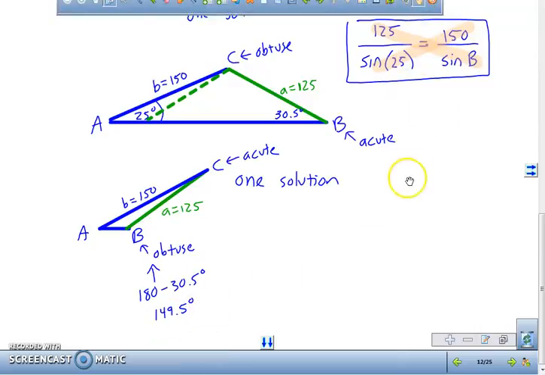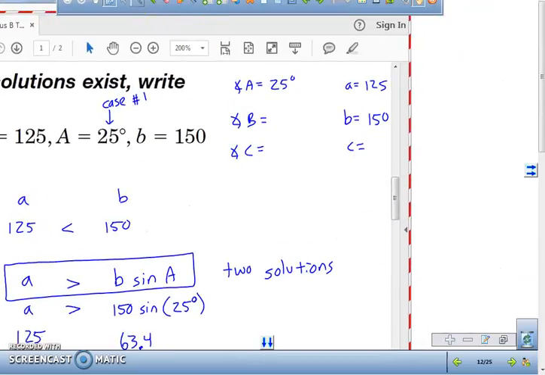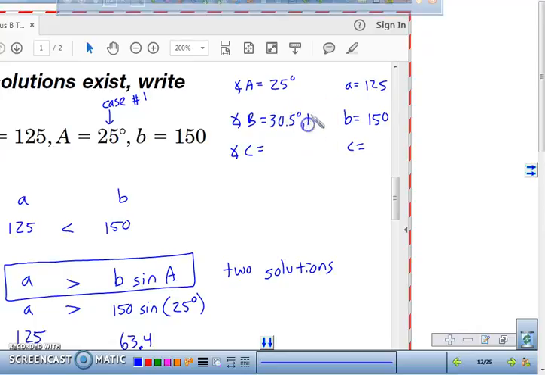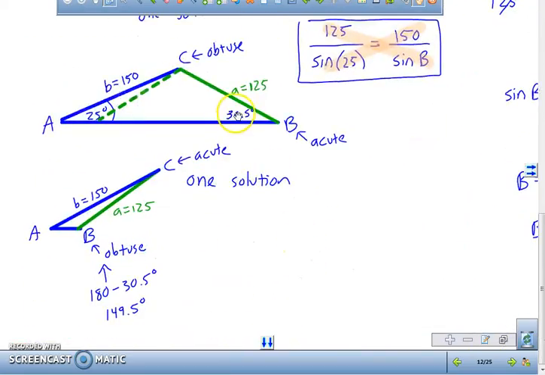So right up here where it says solutions, what is one of the possible measures for angle B? 30.5 degrees. What's the other possible? 149.5. So angle B can have two different answers. Why two different answers? Because how many different triangles can we make? Two. One has an acute, one has an obtuse.